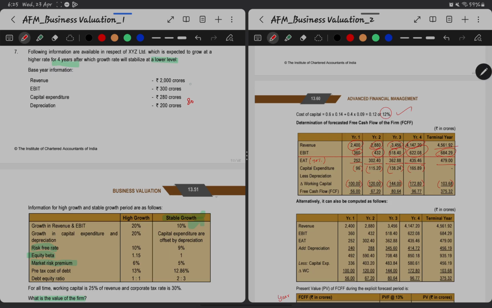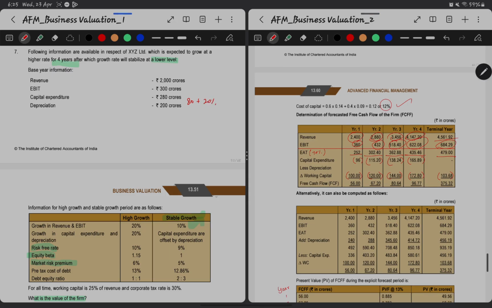Oh, sorry, they've given growth in capex and depreciation as 20 percentage only. So whatever we found out here, we have to just add 20 percentage. Yeah, sorry for that. So 80 plus 20 percentage will give us 96 in case of first year. Then 96 plus 20 percentage is 115.2, and 115 plus 20 percentage is 138.24, plus 20 percentage is 165.89.